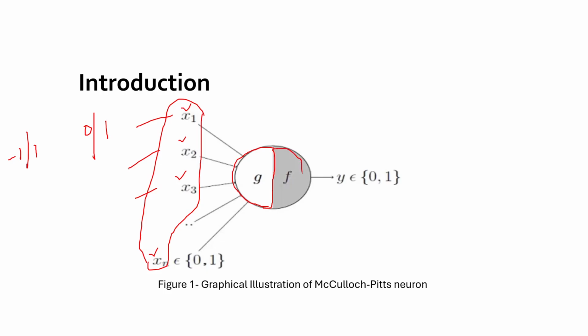The second function f then applies some thresholding logic and makes a decision based on the aggregation from g. The final decision could be either 0 or 1. So remember these notations: x1, x2, x3 are your inputs, g is the function responsible for the aggregation, f is responsible for the decision, and the decision is y.